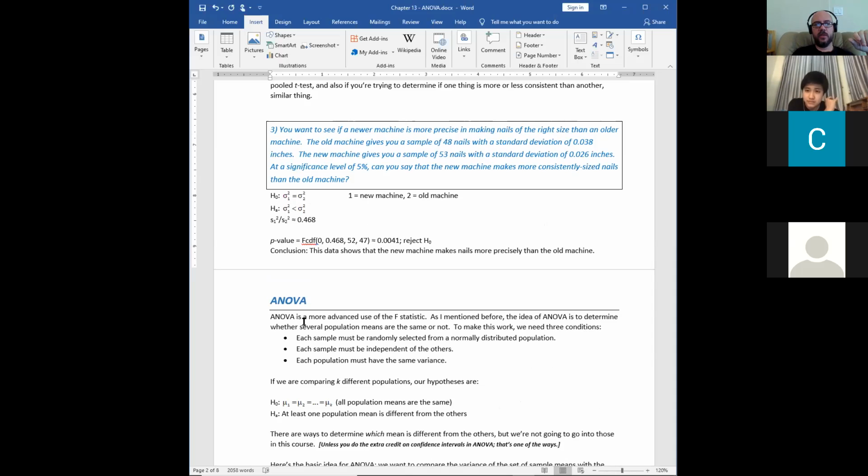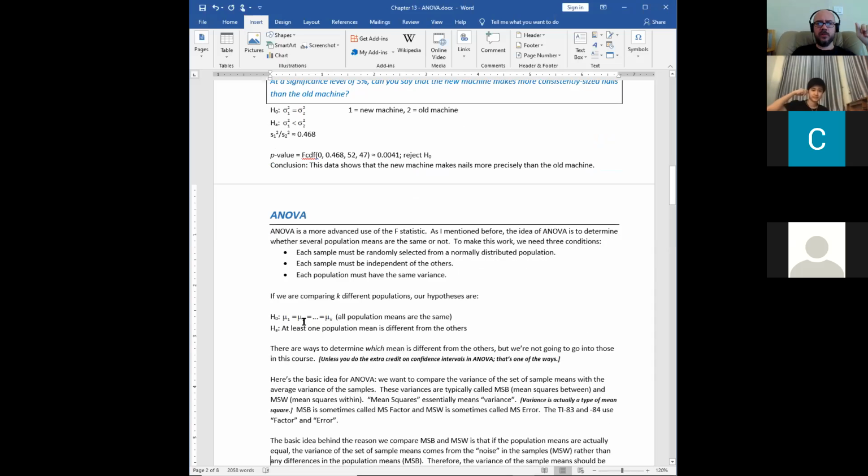That seems like extra complication we don't need for a marginal gain, so just continue using unpooled. I might ask an extra credit question on the test about pooled versus unpooled, and checking if they're the same using a 2-sample F test. We'll see.